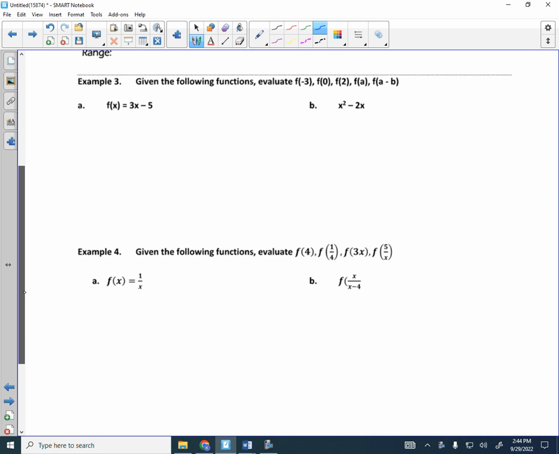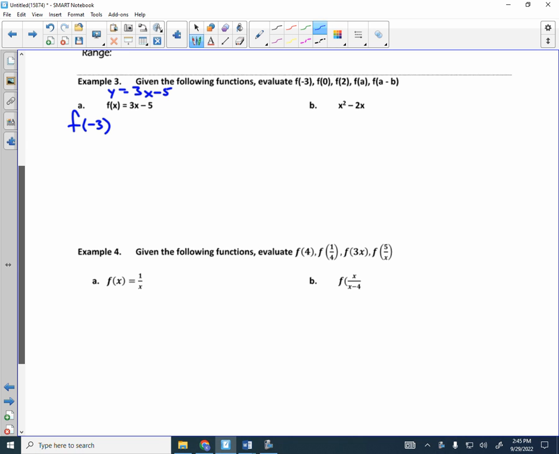So this reads, instead of y equals 3x minus 5, y and f of x are interchangeable if it is a function. So when we're asking to determine f of x, we just want to know the y value. And this is the fancy way of saying, if we plug in -3 for x, what's the y value? That's the language of mathematics.